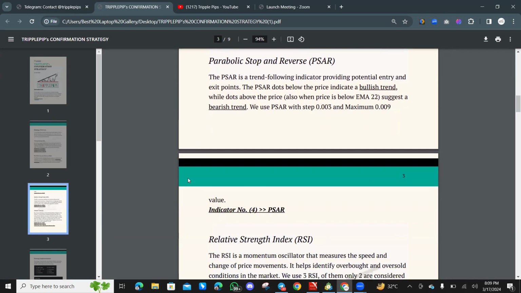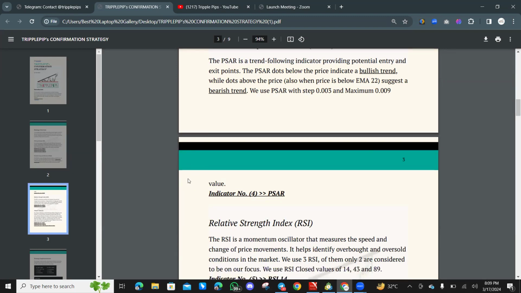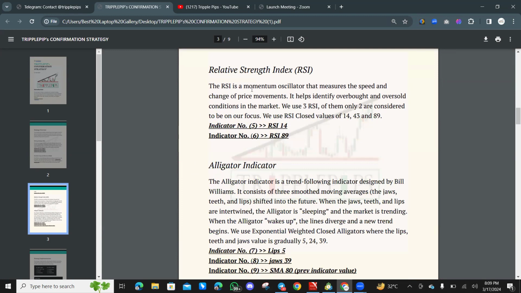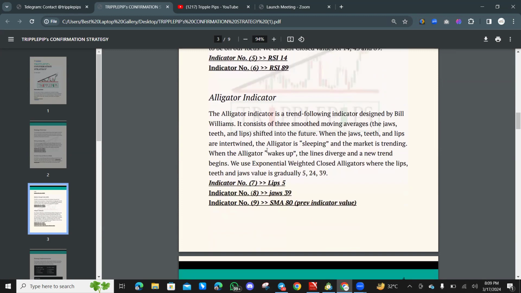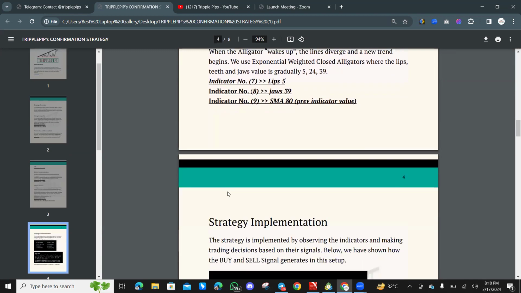The parabolic SAR we have named indicator number 4. For the relative strength index, we use two readings, indicator number 5 and 6. For the alligator, we get three data from Lips, Jaws, and SMA 80, which we indicate as indicator number 7, 8, and 9.